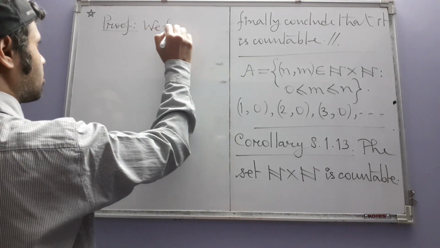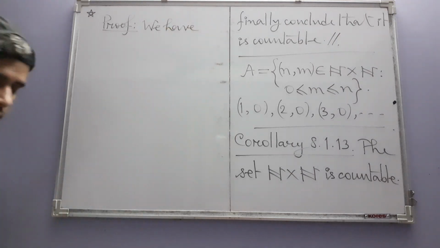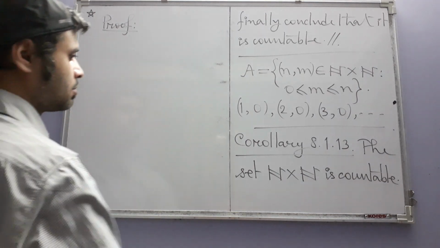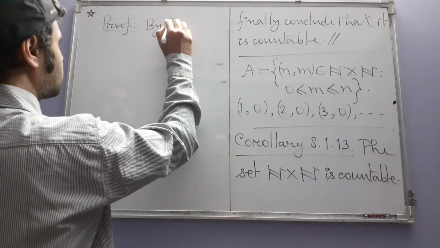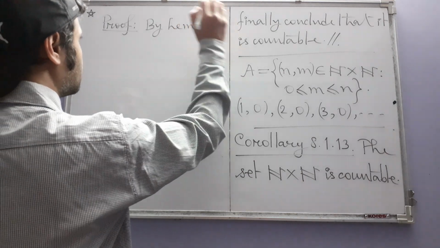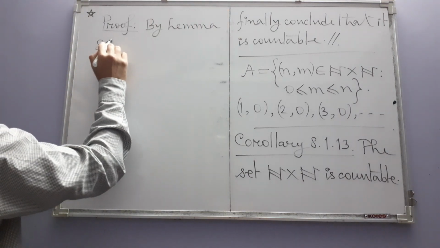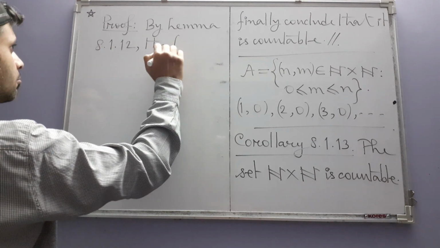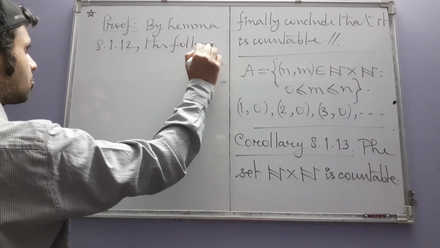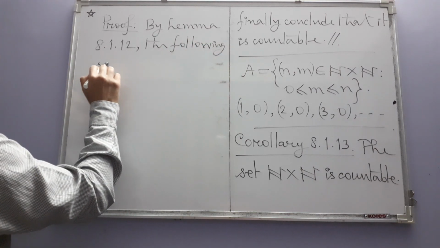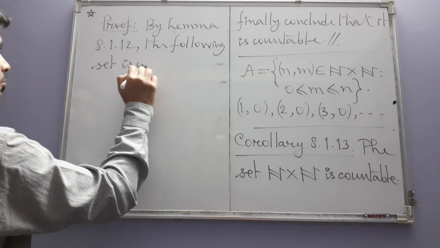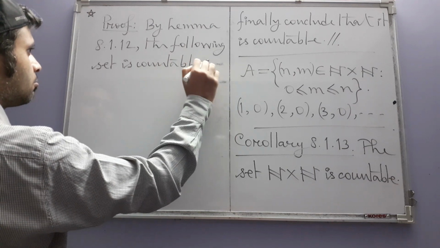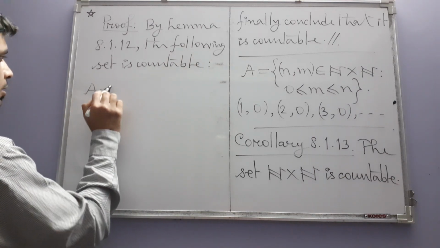Let me write like this: by Lemma 8.1.12 the following set is countable. That is our A.